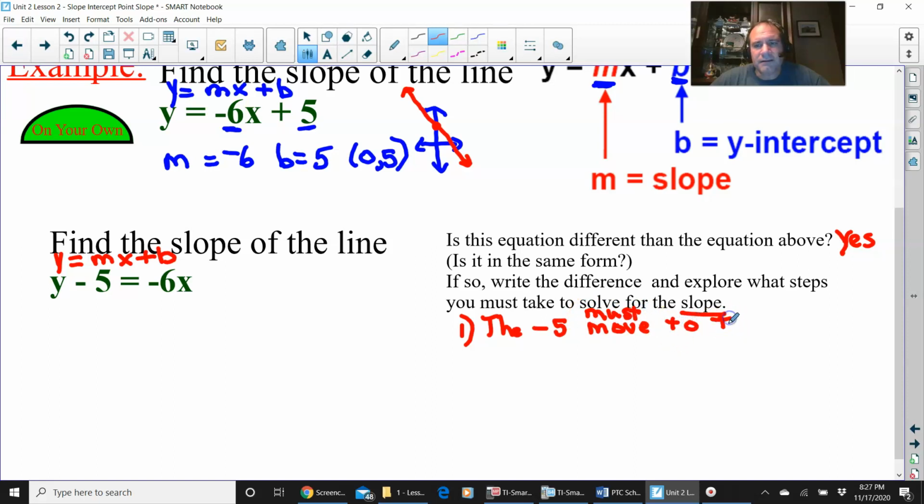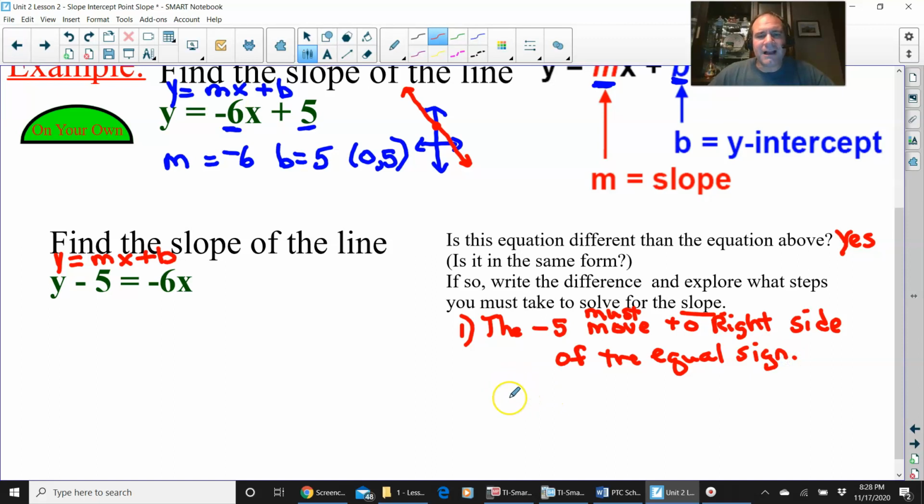To the right side of the equal sign. You have to isolate the y.